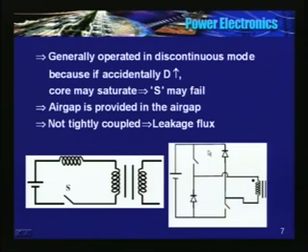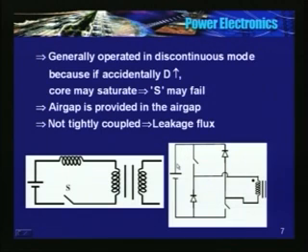Operation is the same. I close these two switches, and current starts flowing in this direction. Mind you, the magnetizing current was flowing in this direction; when I open the switch, now the current can flow in this way.